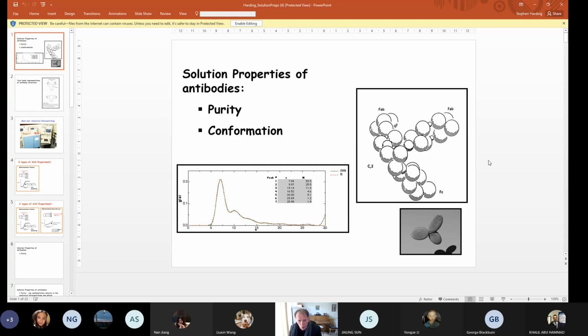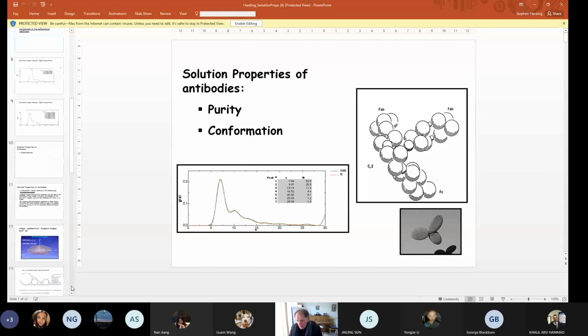So we were talking about how we assess the purity of antibody molecules or otherwise, and how we can get an idea of the conformations of antibodies in solution.